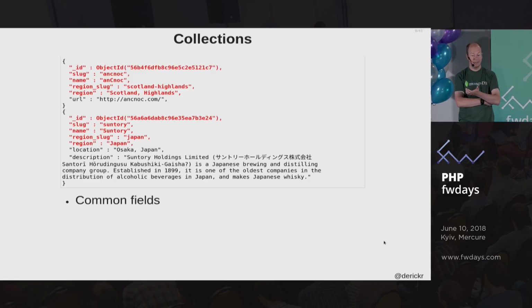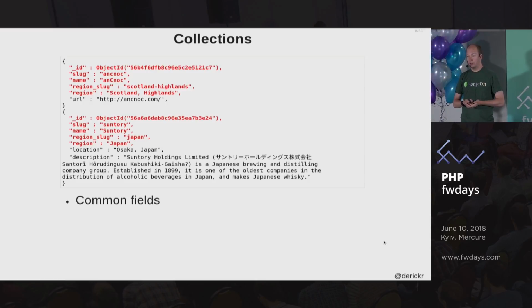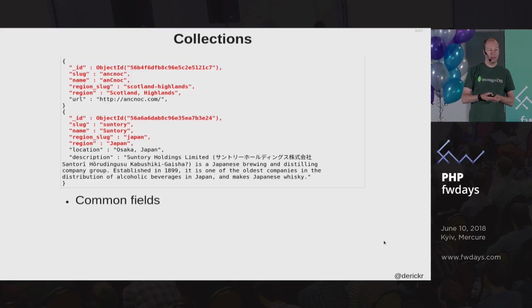So find me all the whiskies in the Highlands of Scotland, for example, or find me all the whiskies of the distillery Suntory, which happens to be in Japan. But besides those fields that you end up doing the queries on, you can also store additional fields that don't always have to exist for each document. In a relational database, often because you have to define a schema up front, you have to define that these fields exist, but then you have to declare them as being possible to be null, right?